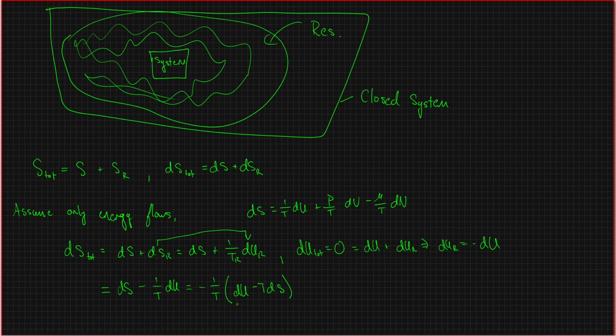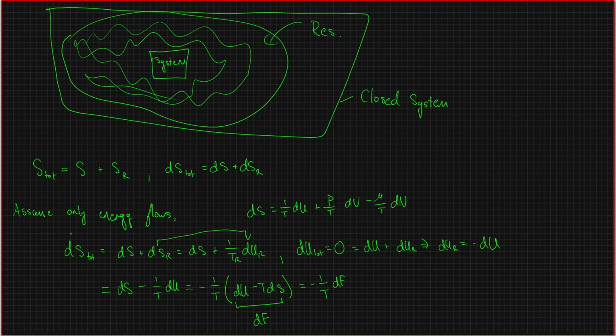And so we recognize this piece right here as just dF, where F is the Helmholtz energy. So this says that the expression of the second law of thermodynamics, if we only focus on the system, can be expressed as follows.